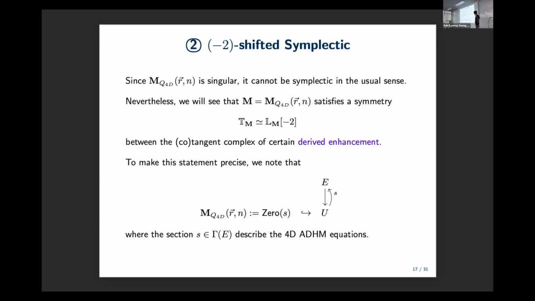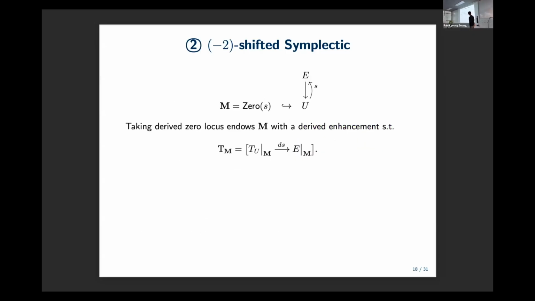And when your space is constructed by an explicit zero locus inside something, this gives what's called a derived enhancement on this moduli space if you take what's called a derived zero locus. And if you take a derived zero locus, your tangent complex for this derived zero locus is of this shape.